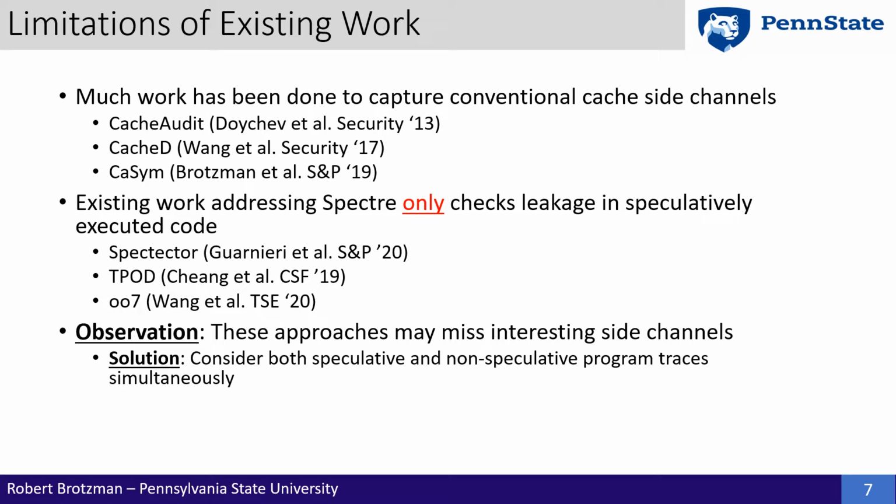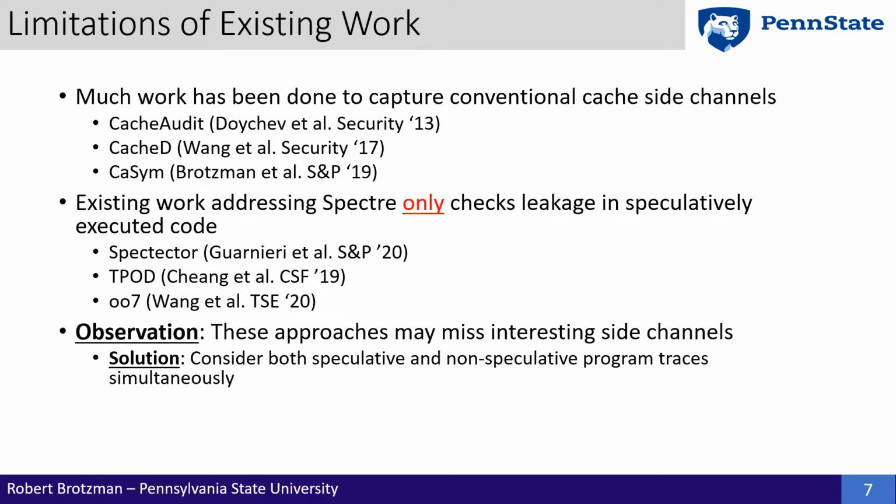Now that we have explored how speculative execution can be leveraged to create cache-based side channels, now we'll take a look at existing work that seeks to identify cache-based leakage in programs. There's been a lot of work done to identify conventional cache side channels in the literature.